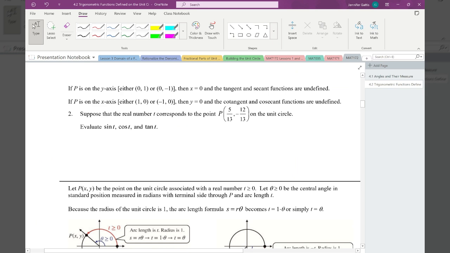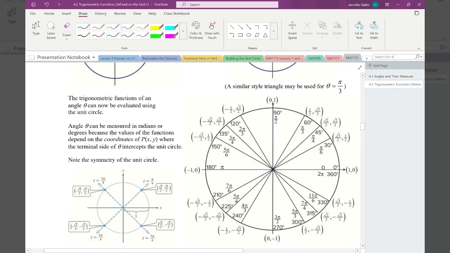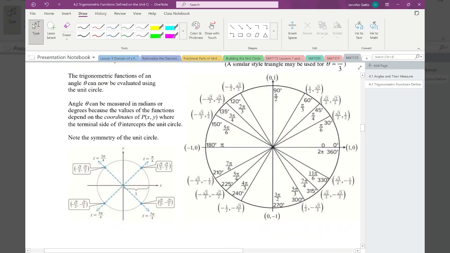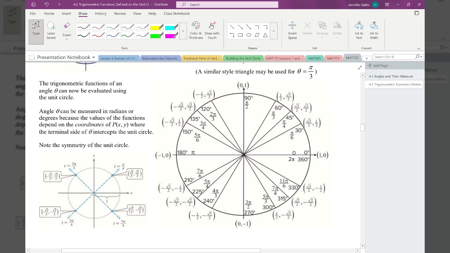So I actually want to jump forward here to our unit circle. Because if we are at 0 degrees or 0 radians, then our coordinates are (1, 0).